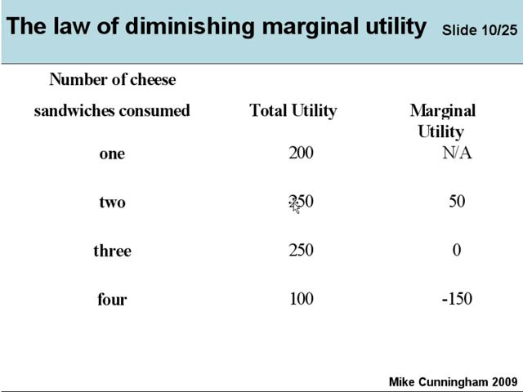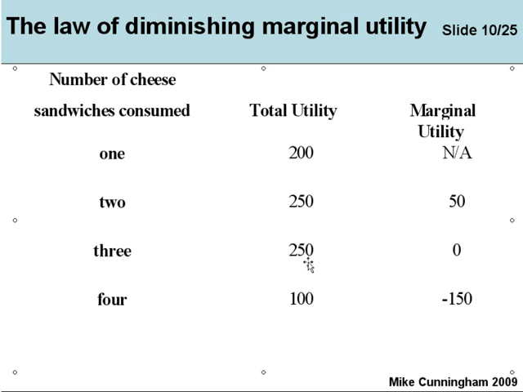If we have a third sandwich, our utility might remain the same, in which case the change in the total utility, going from 2 to 3, well, there isn't a change. So it's 0. The fourth sandwich only gives us 100 units of utility.